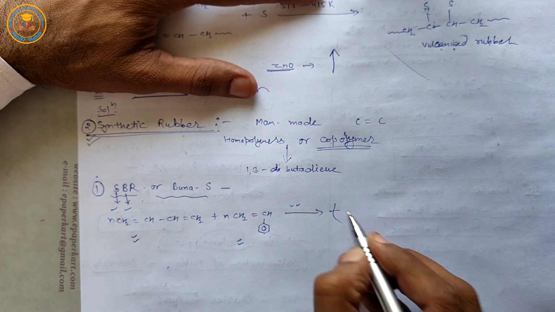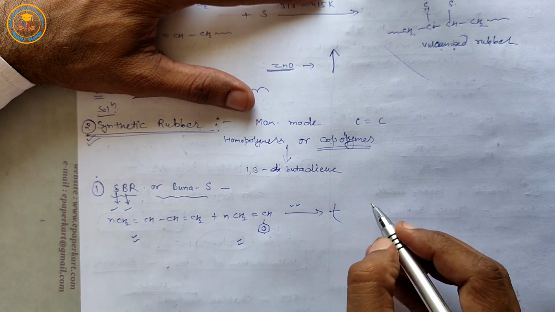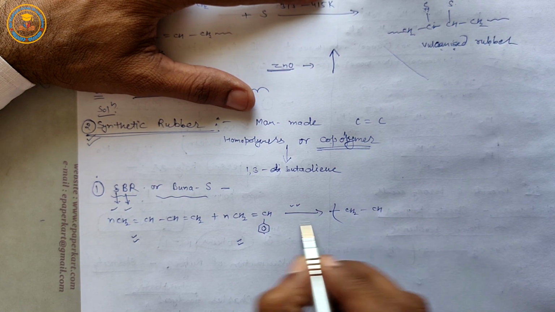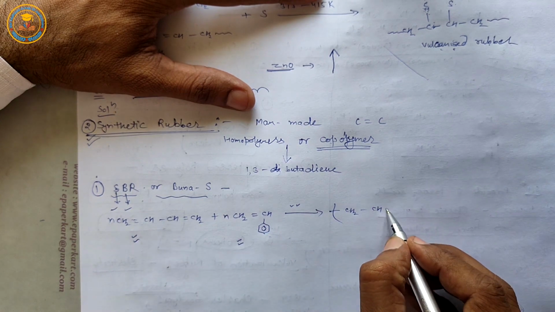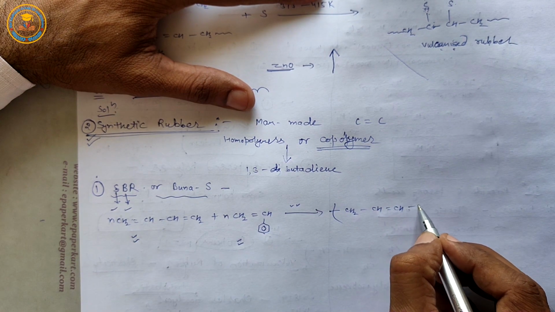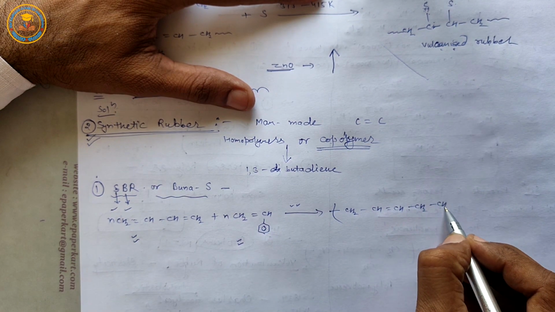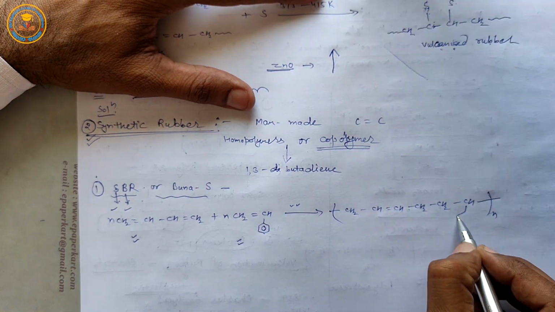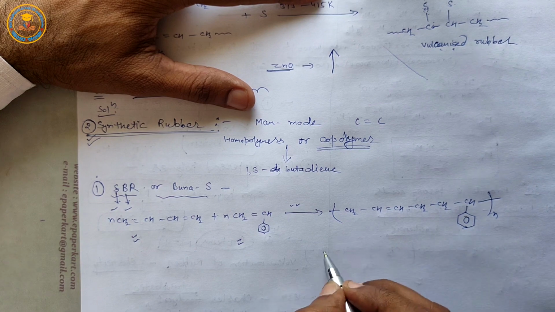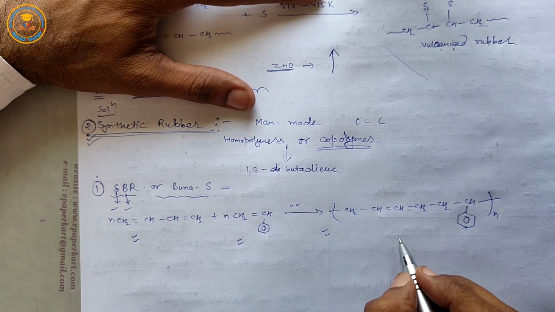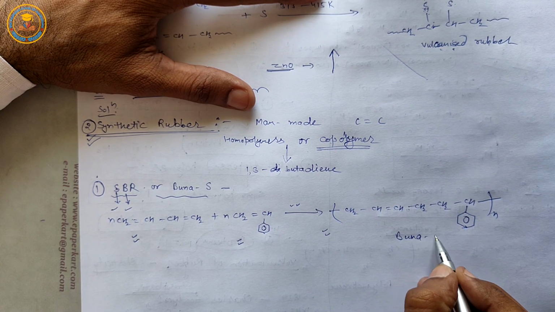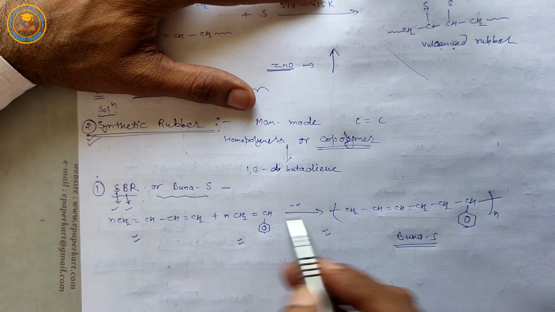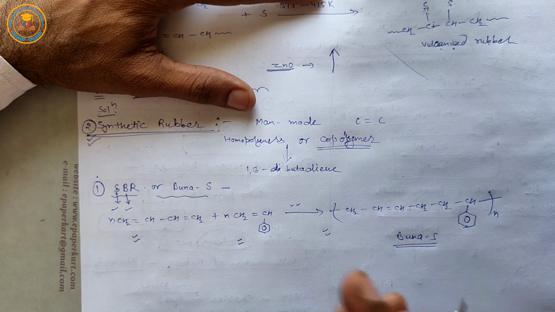The chemical structure of Buna-S is CH2, CH, CH, CH2, CH2, CH, whole n. It is the chemical formula of Buna-S, or SBR, styrene butadiene rubber.